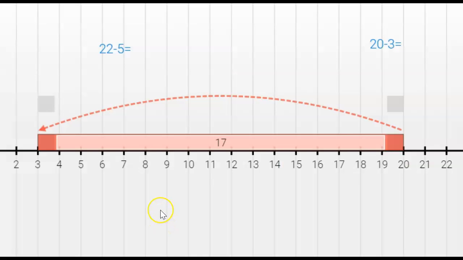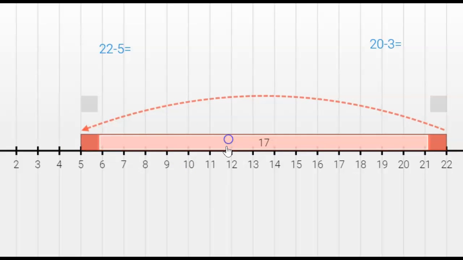So I wanted to show you that we're allowed mathematically to change these numbers and nothing bad happens. So say we start out at 22 minus 5. So we start at 22, and let's just say that we want to end up at 5, since that's the other number mentioned in the subtraction problem.